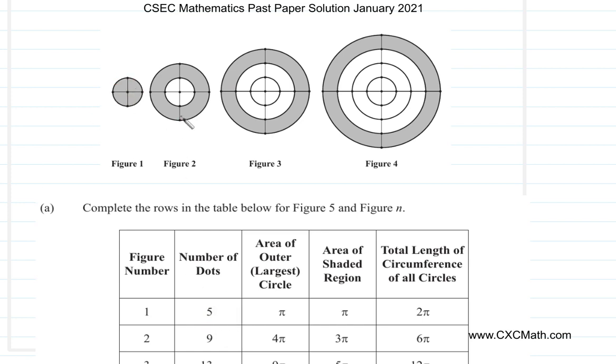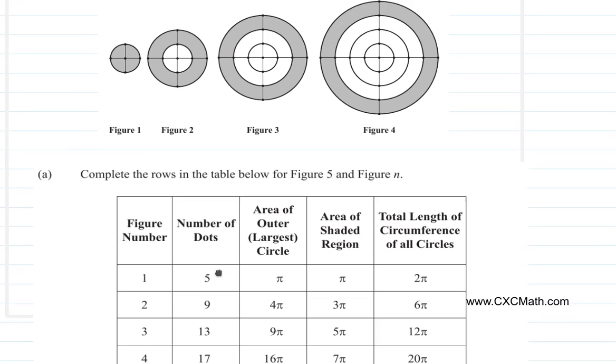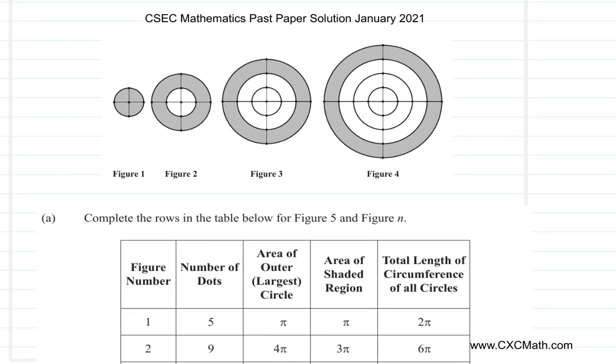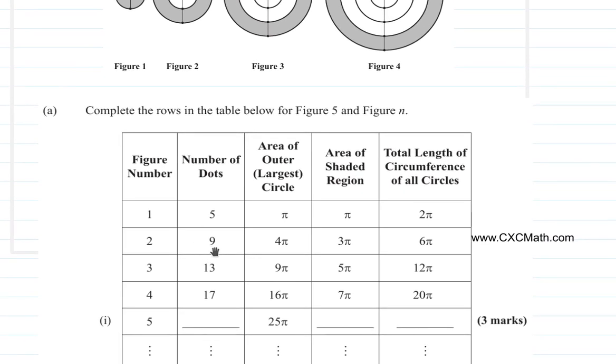Then 5, 6, 7, 8, 9. So you have 9 there. Then 13: 10, 11, 12, 13. So you keep adding 4 more dots. 14, 15, 16, 17.